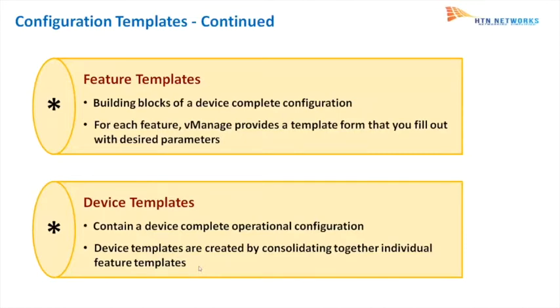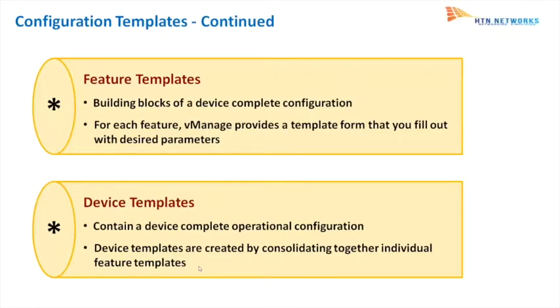For example, I want to configure OSPF on my router. So I will go to vManage and pull up the OSPF form. I will fill that form up with all the requirements that I want: assign OSPF process ID 1, configure this OSPF with the point-to-point network type, use a password on the OSPF connection, things like that.